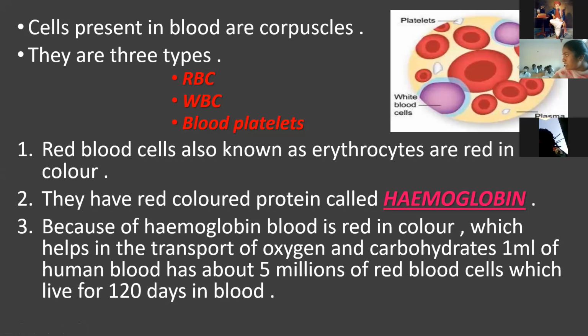When oxygen is inhaled, it is connected to the hemoglobin and passes through all the body parts of the cell. When the blood is combined with oxygen, that blood is known as oxygenated blood.